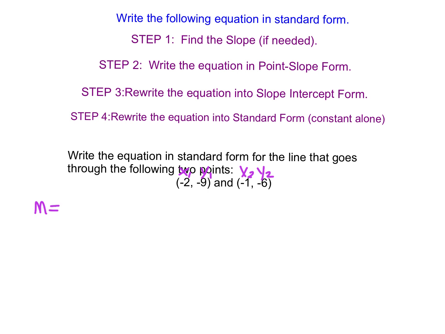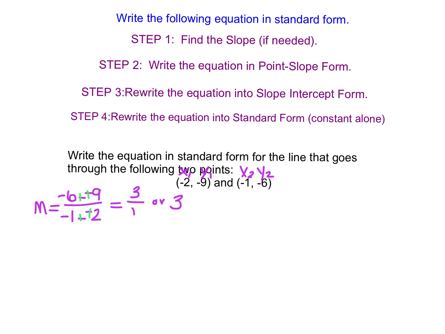So here I have m equals y2 minus y1 over x2 minus x1. So a lot of negatives going on here. So from here I'm going to utilize keep, change, change, keep, change, change. Negative 6 plus 9 is 3. Negative 1 plus 2 is 1. So I have a slope of 3 over 1, or 3.